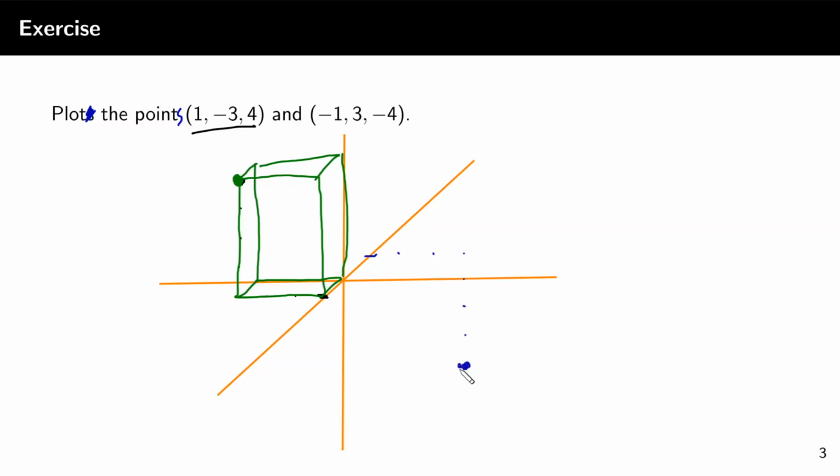Ito na yung point natin. So if you want to draw the rectangular prism, ito naman siya. Itong point na to, yung point na hinahanap natin kanina.